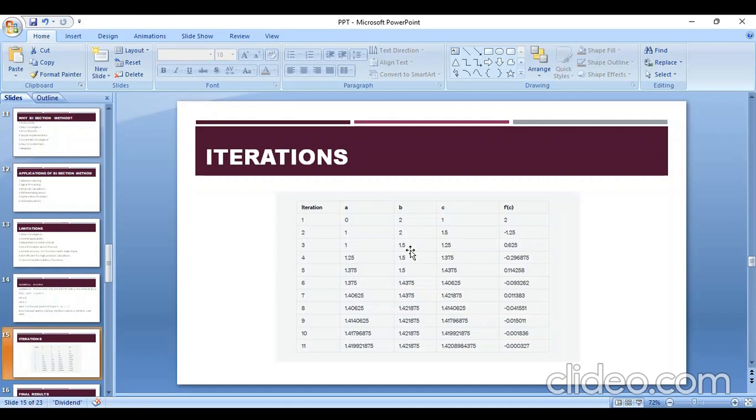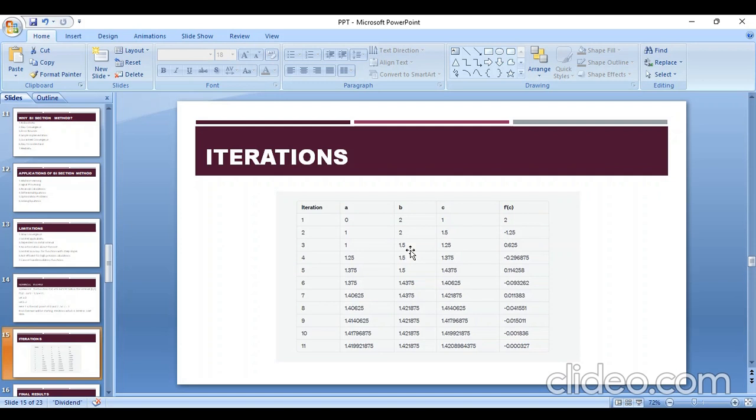So in the fourth iteration, we'll be coming to know that the derivative values at 1 and 1.25 are of same sign. So the maximum lies in the interval 1.25 and 1.5.